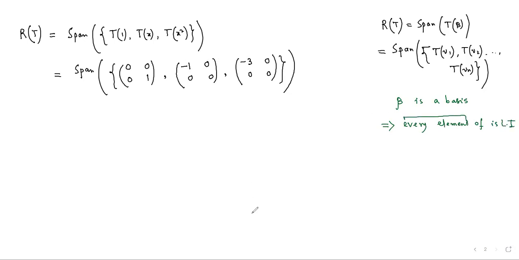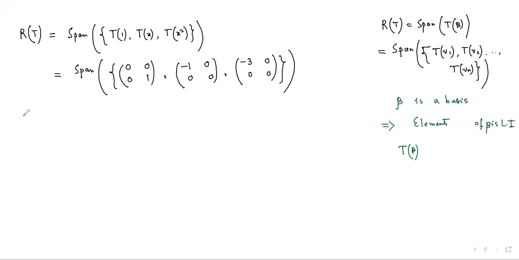Not every element, the sentence was wrong. The elements of beta are linearly independent. But for T beta, we only know that it spans RT, but we do not know whether the elements of T beta are linearly independent or not.